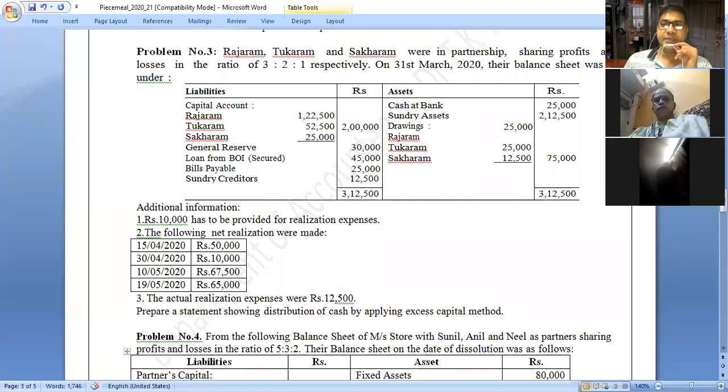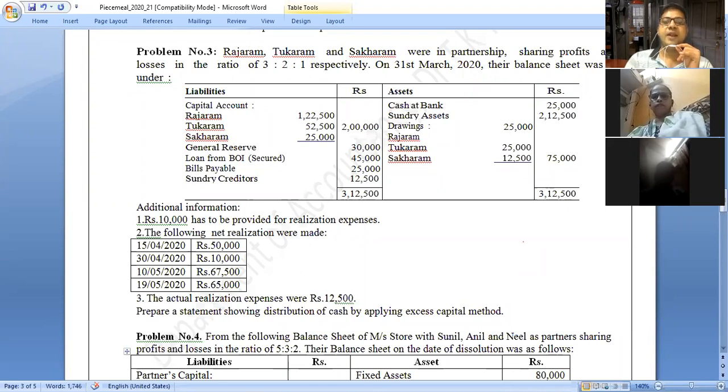2,500. If two or more partners are holding excess capital, we will repeat step number 1 to step number 5 again. I hope you understood what is going on. It's very important. Why are we repeating the steps? Whenever two partners are holding excess capital value, we will repeat step number 1 to step number 5.